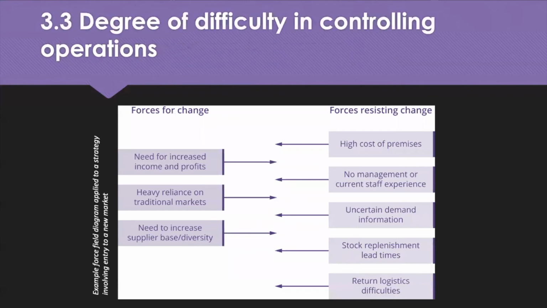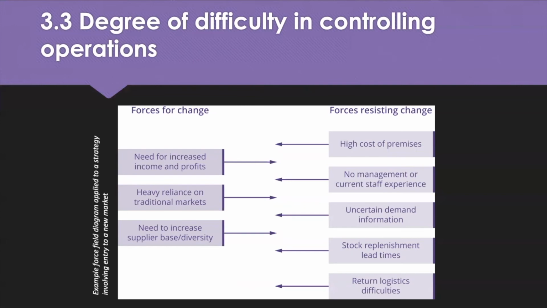But in any organisation, some activities can be easily controlled, but others can be difficult to control. The ability to control operations can depend on the extent to which an organisation can influence operational capability, compliance, performance, capacity. The nature of the activity, the size and complexity of it.